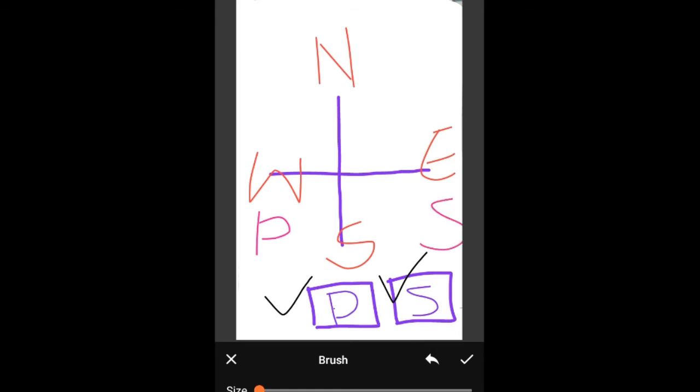So what is the direction of Stan's? We have to focus on Stan. I wrote it here, it is a little messy, but I hope you can understand. So this is Stan. What is the direction of Stan from here? Here it is east.